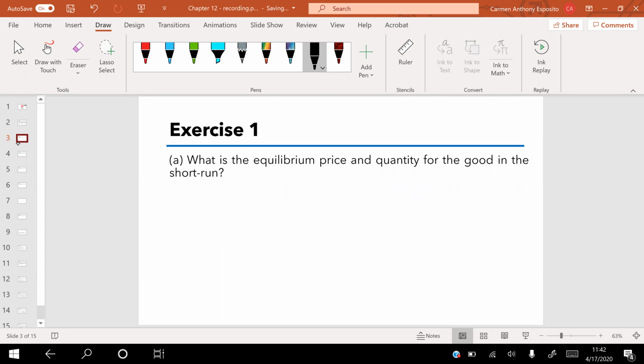So what we want to know is what is the short run price and quantity equilibrium? Well, it's what we've done before. It's just setting demand equal to supply.